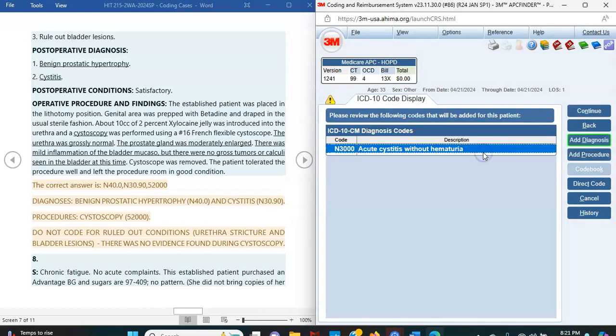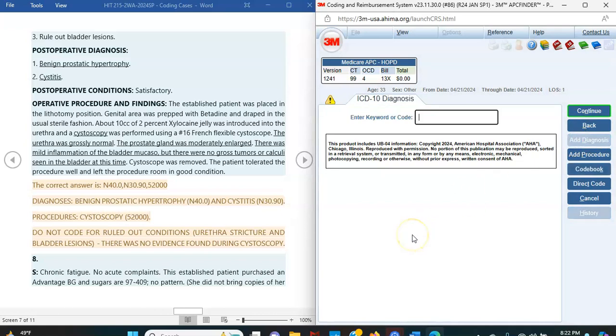Do not wish to code. Okay, so this is how the program found. This is the correction that was offered. The acute cystitis without hematuria. So in third, oh wait, no, that's not right either. Let's go back.